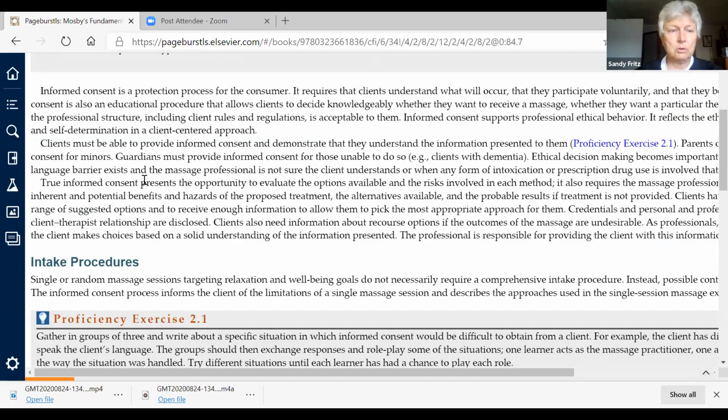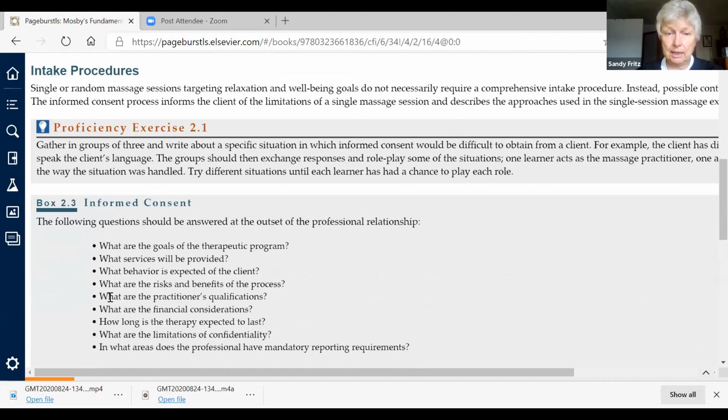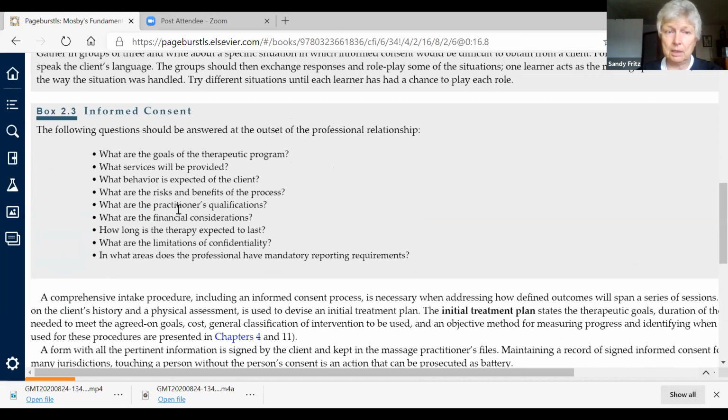So there's quite a little bit of information here related to your initial conversation with somebody. This box gives you specific guidelines on what you would discuss with somebody in an informed consent process. And you can use this to actually develop a brochure, which is chapter 3.